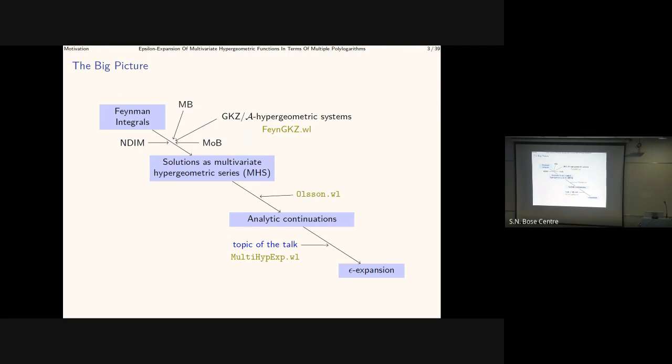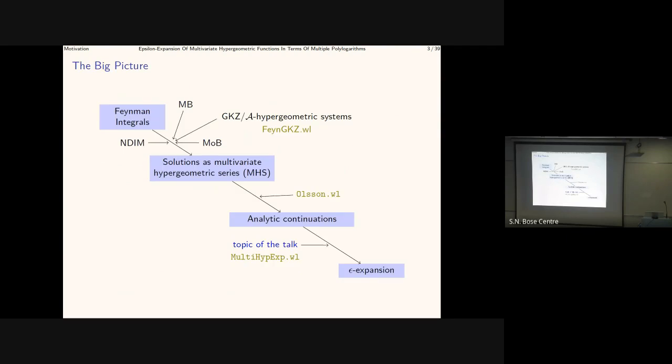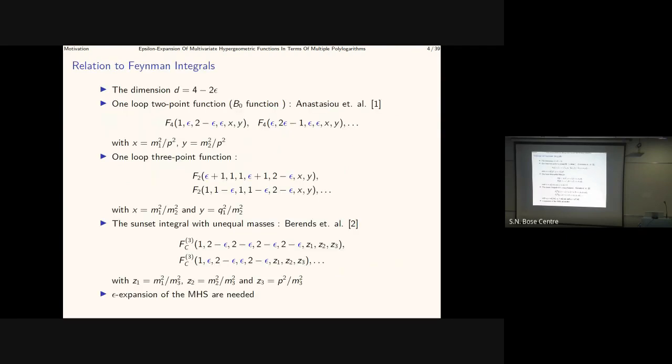So I'm going to present this package, MultiHypExp, that takes a hypergeometric function and performs its series expansion in epsilon. So let us follow an example. We are considering this one-loop two-point function, the Passarino-Veltman B0 function, and that is evaluated using this negative dimension method to the hypergeometric function called Appell F4.